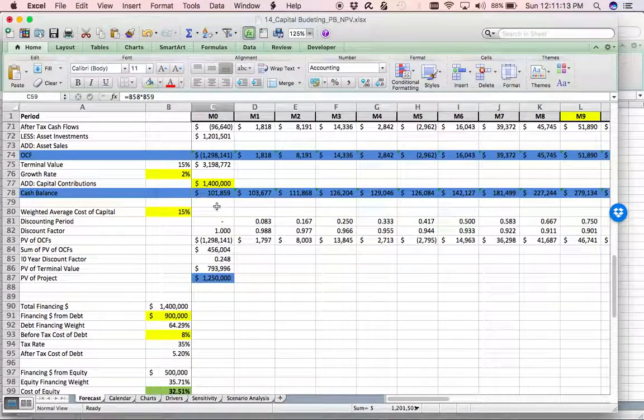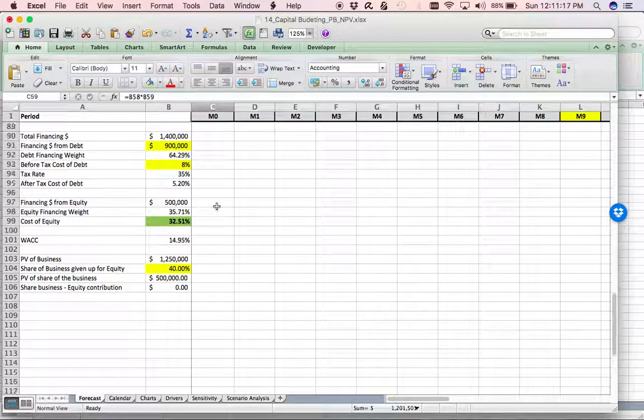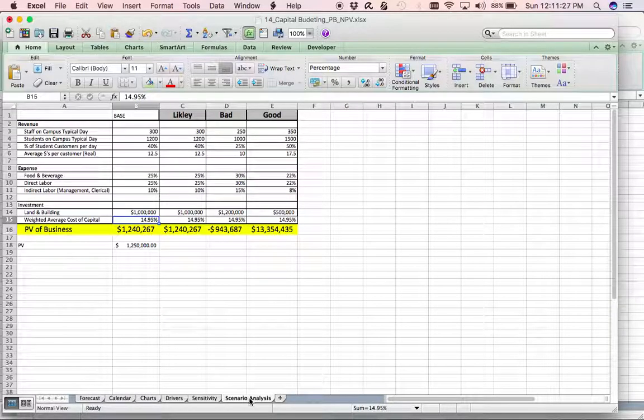So bottom line is, from my negotiations, that's kind of what I wound up with. So we're starting out with that 14.95% weighted average cost of capital. And since that's negotiated now, in all of my scenarios they're all going to be 14.95%. I don't change that anymore.